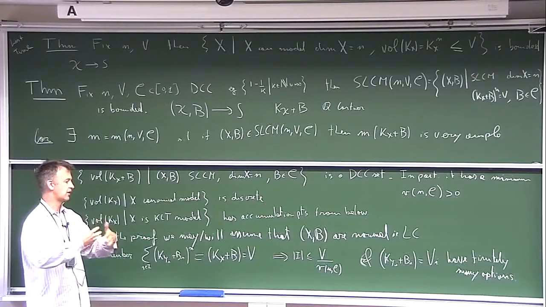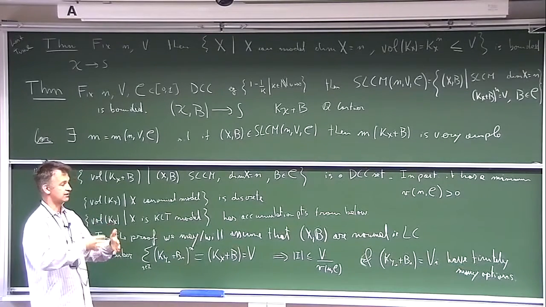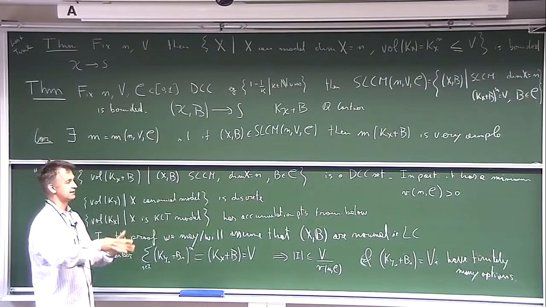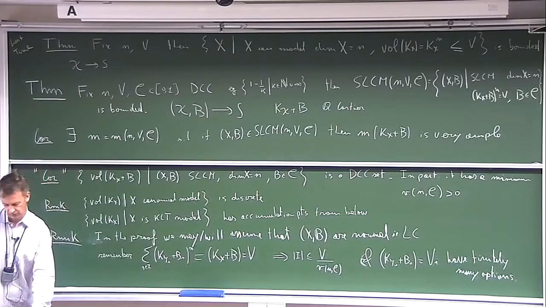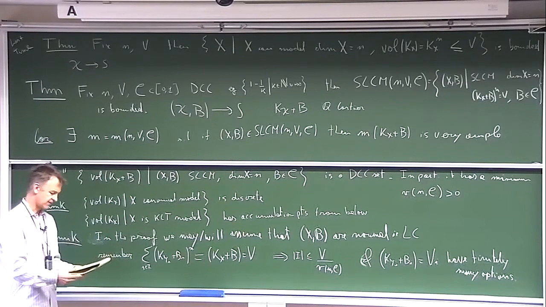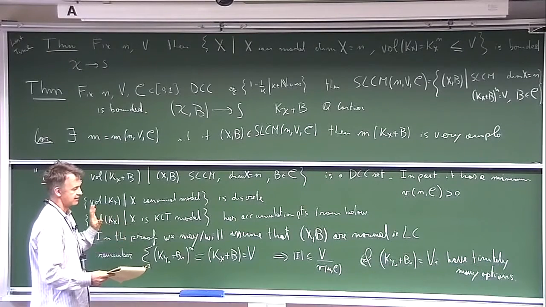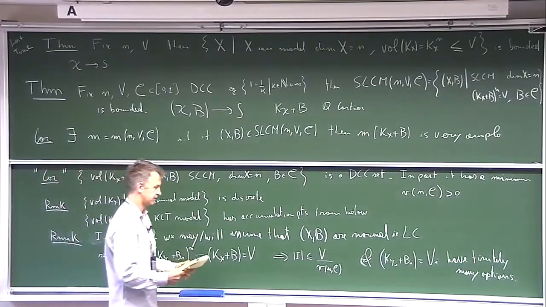And the data where you glue this together is also bounded. Well, the data itself is bounded. It depends on the double locus. And by adjunction, the double locus is again given by some semi-log canonical model. So one has to think about that a little bit, but it's technically difficult, but there are no big ideas once you know this theory of Kollár.